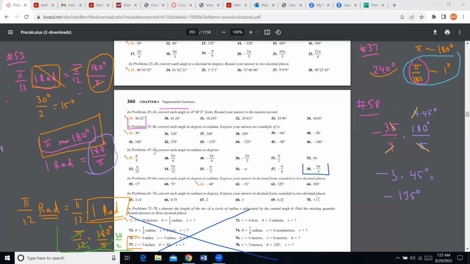So maybe you can try exercise number 47. I think it's a very, very similar question. So do number 47 for the quiz. I can write it here for you. This is turning pi over 3 into degrees. So how many degrees do you think it is equal to?